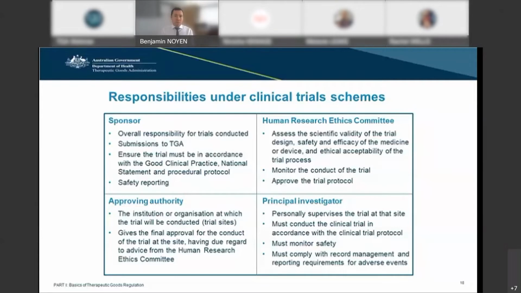The approving authority is the organisation that gives approval for the trial to be conducted at their site. And then there's the principal investigator, who's personally responsible, supervises the trial, and complies with the requirements, including reporting adverse events in relation to the trial.